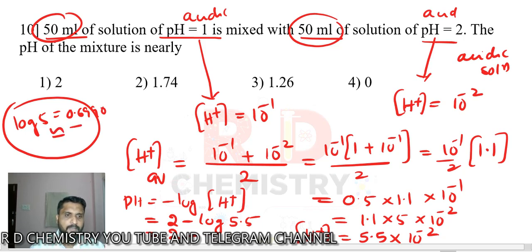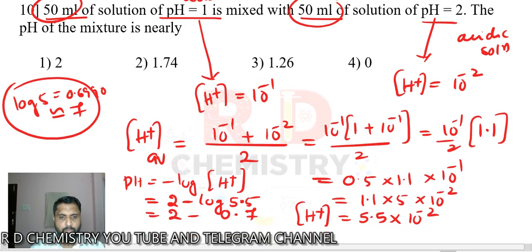So I'll take log 5 that is 0.7 here. So 2 minus 0.7 is equal to approximately 1.3, approximation. The closest answer is option number 3. Okay, 1.26. Clear?